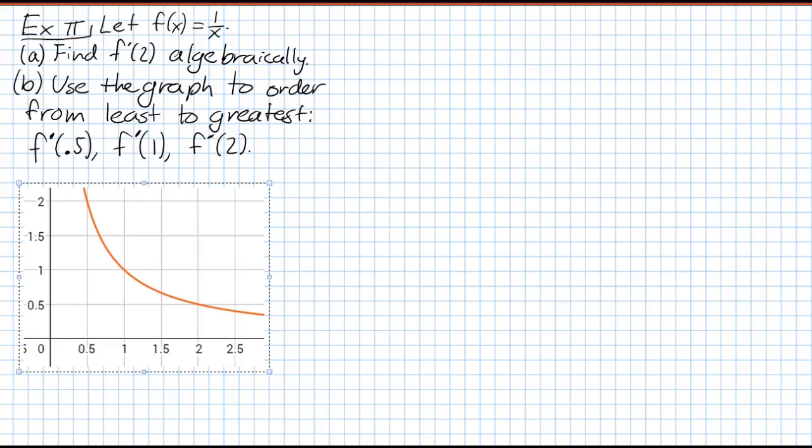Anyways, so this is a graph right here of f of x equals 1 over x. And first thing we're going to do is find f prime of 2 algebraically. I'll just write out what we mean by that here to show you the first step. Algebraically always means like actually find the limit as, not x, as h approaches 0.